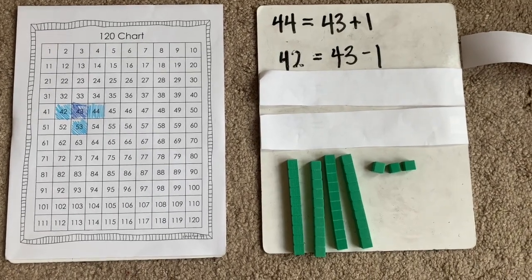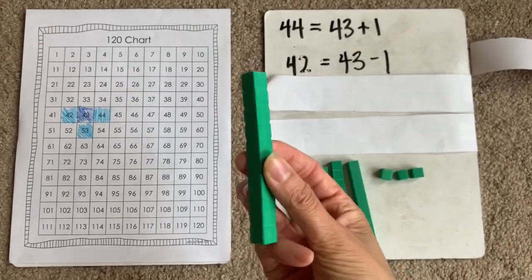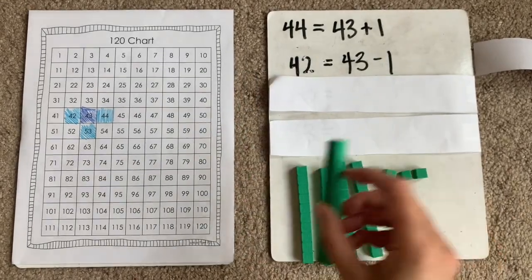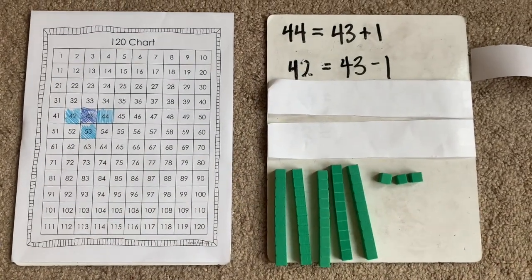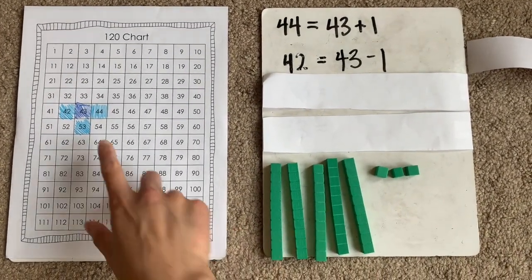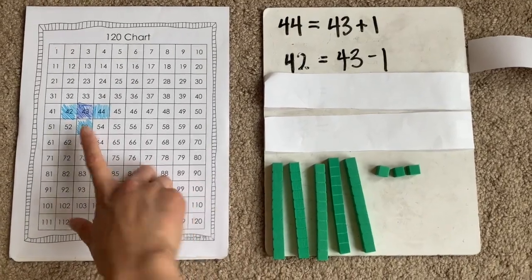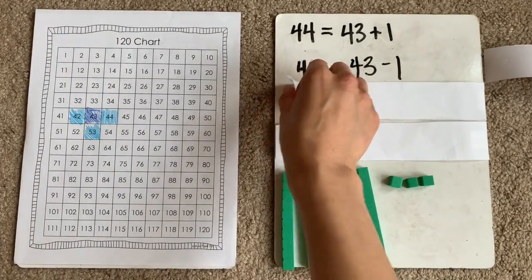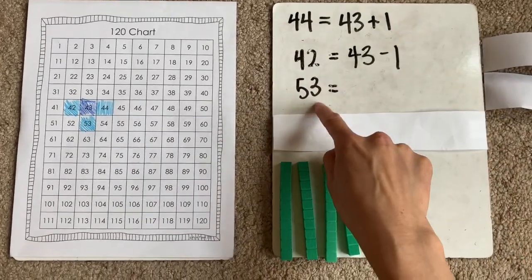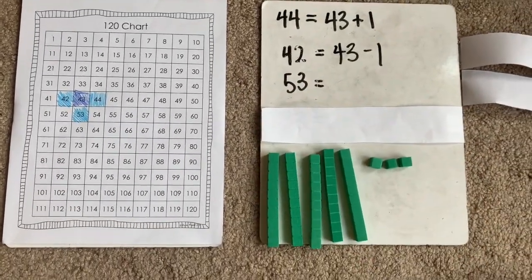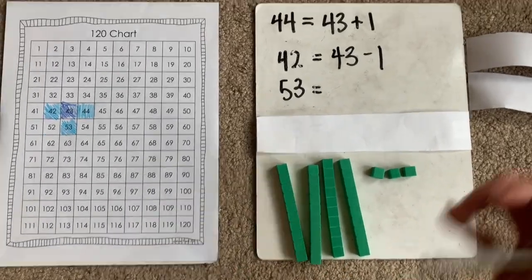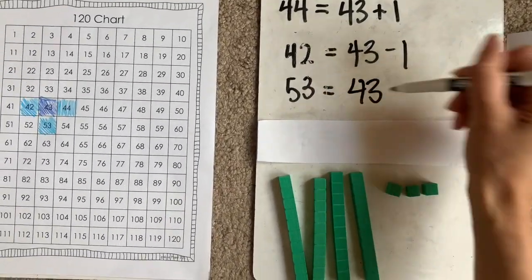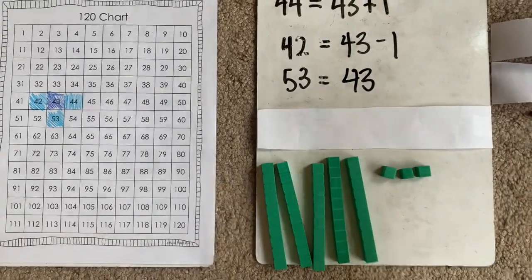That's right, we are going to add a 10 because 50 is 5 tens. And the 3 is still 3 more, so that isn't going to change. Let's write that in a number sentence. 53 is the same as 43 plus 10.